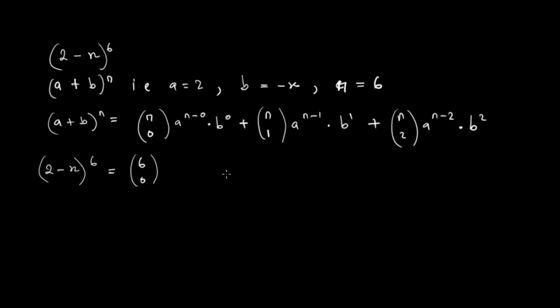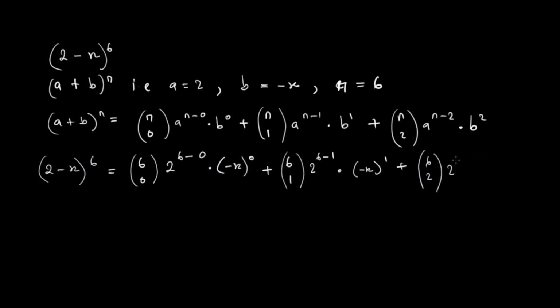We will say 6 choose 0, then 2 to the power 6 minus 0 multiplying minus x to the power 0, plus now 6 choose 1, 2 to the 6 minus 1 multiplying minus x to the 1, plus 6 choose 2, 2 to the 6 minus 2 multiplying minus x squared.